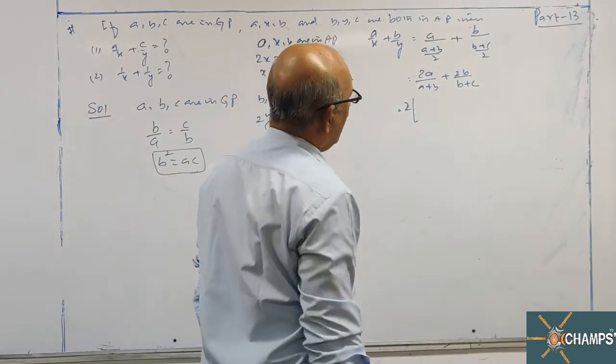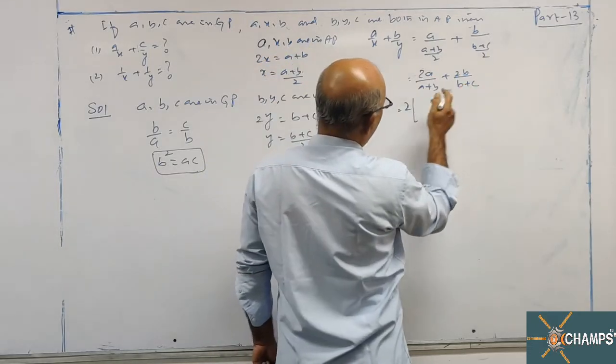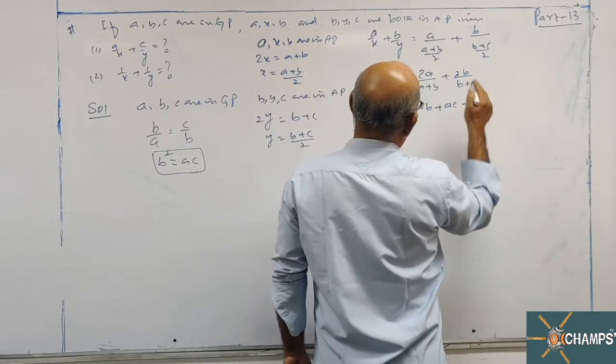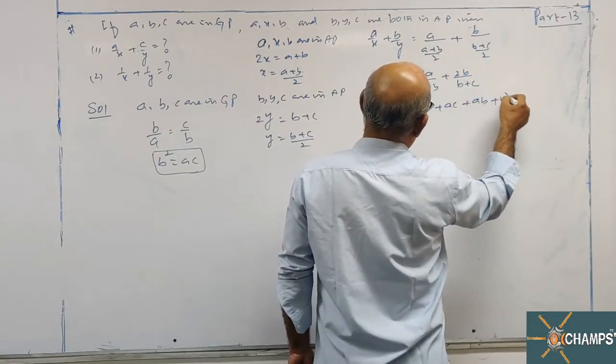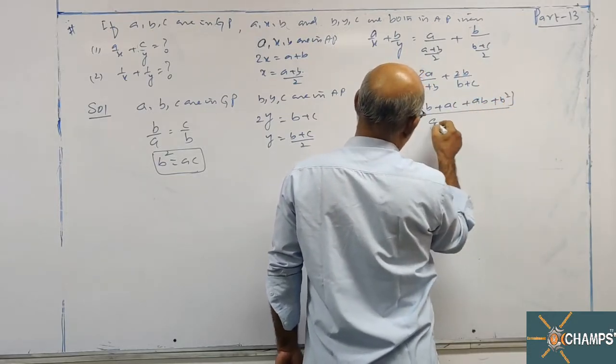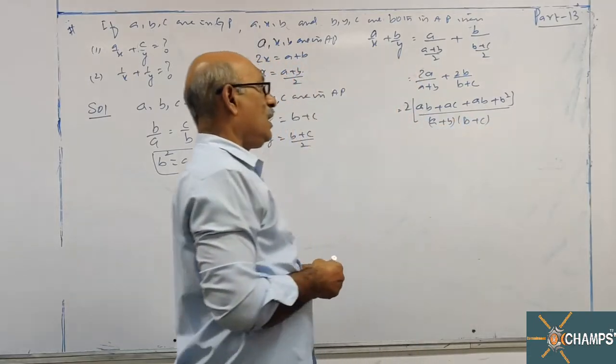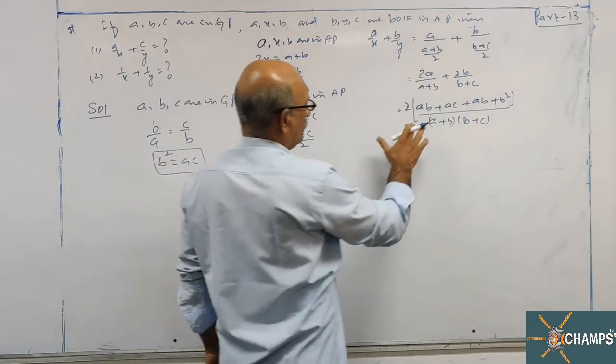Take 2 as common and take LCM. A into B is AB, A into C is AC, A into B is AB, plus B square, divided by (A plus B) into (B plus C).